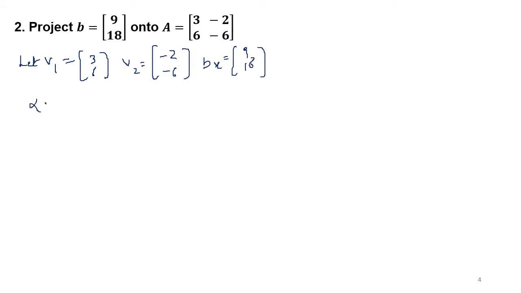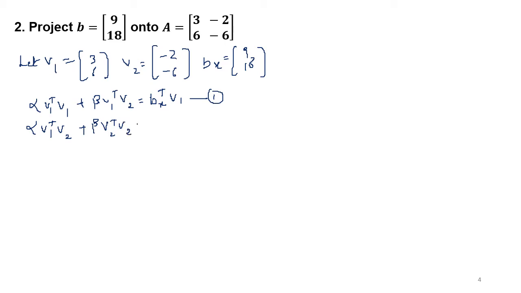Now alpha into v1 transpose v1 plus beta into v1 transpose v2 will be equal to bx transpose v1. This be equation 1. Alpha into v1 transpose v2 plus beta into v2 transpose v2 will be equal to bx transpose v2. This is equation 2. Now we'll substitute v1, v2 and bx into equations 1 and 2.